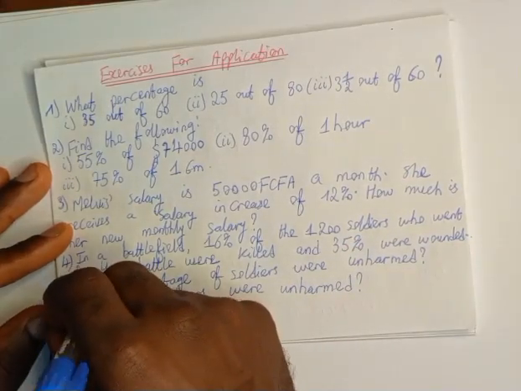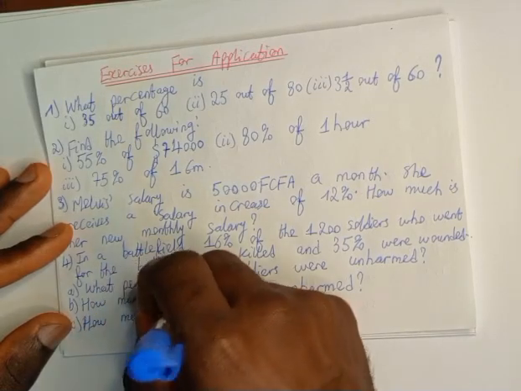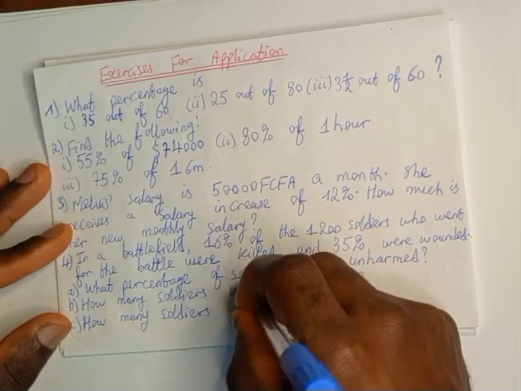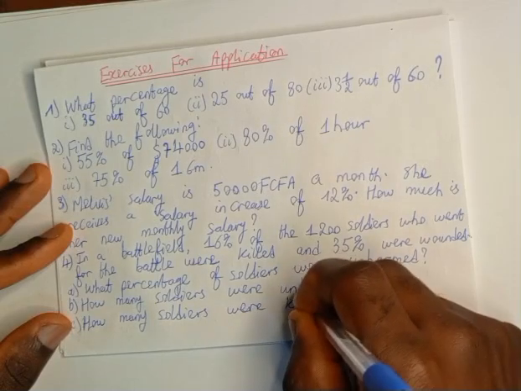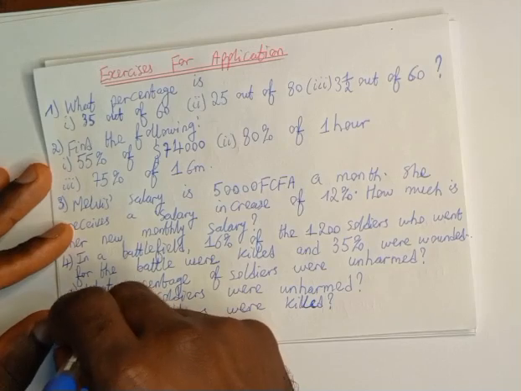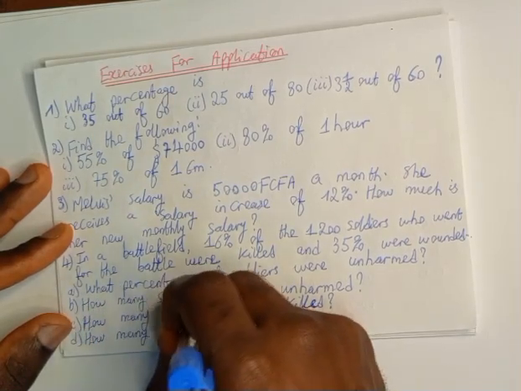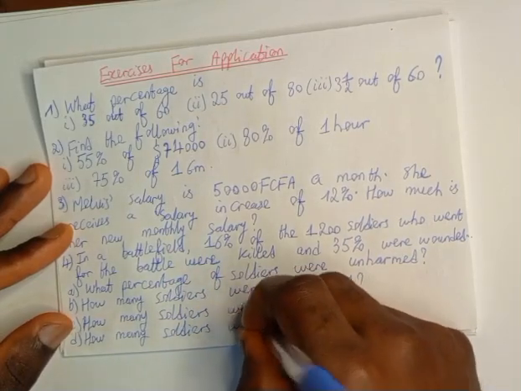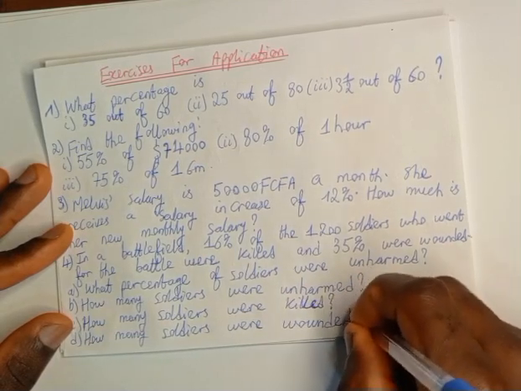Question C is asking us how many soldiers were killed. And lastly, Z is asking us how many soldiers were wounded. The question mark.